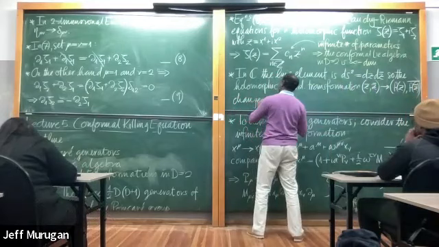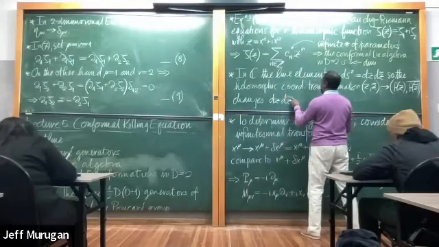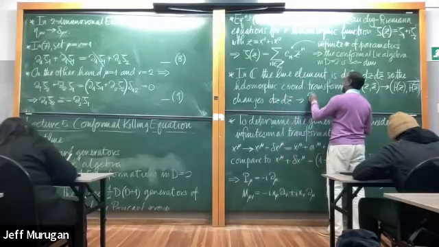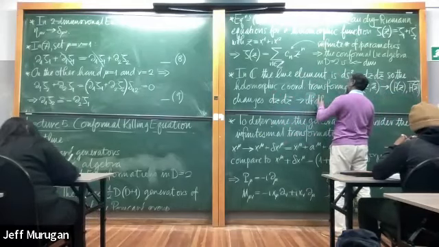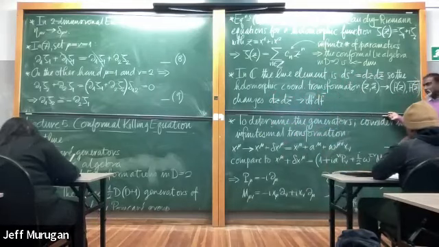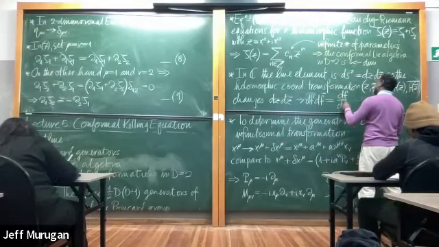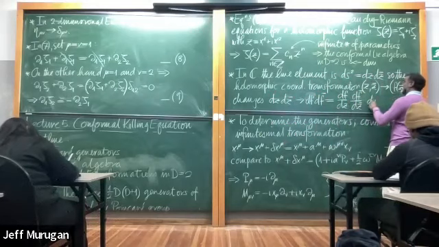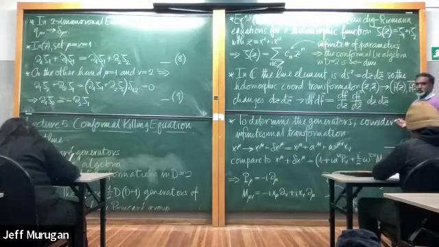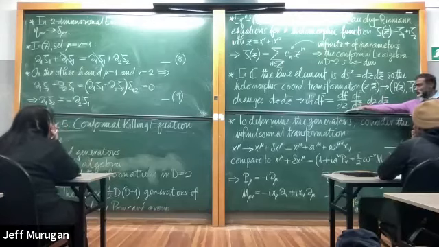That's a new metric, a new coordinate system, and this thing is just df by dz, df bar by dz bar, dz dz bar. So there's your rescaling factor. And any transformation z to f of z will accomplish this for you.